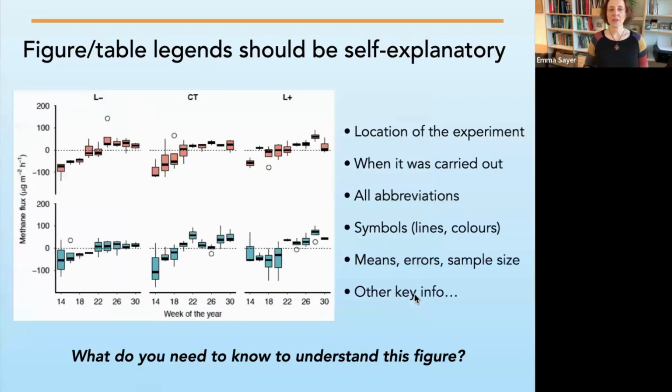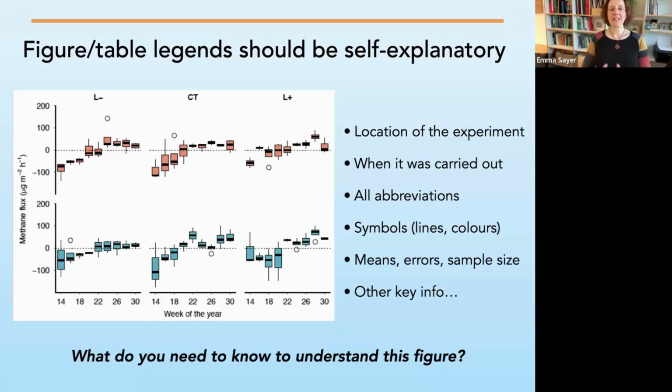So basically, obviously, the location of the experiment, when it was carried out, all abbreviations, symbols, lines, colours, and then we often need to give things like means, errors, sample sizes, and any other key information that you need to understand this figure. I've seen the request about results in review papers. I can talk about that very briefly in a moment.